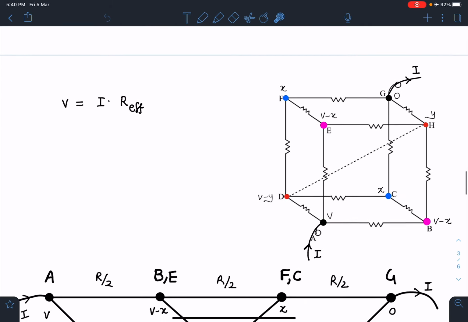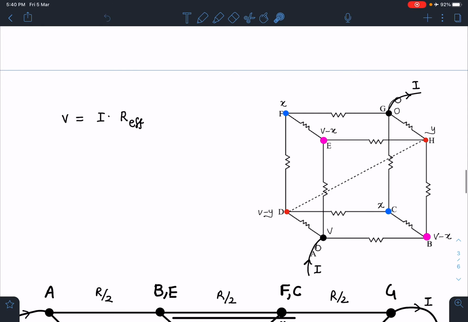So guys, here we are going to use symmetry as well as nodal analysis. As you can see here, this is the grid, and this is where we have connected these two resistances. Now we have to find the effective resistance across this and this.